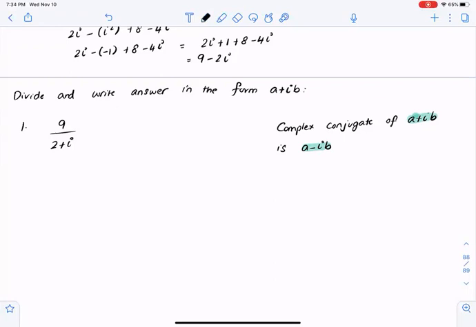So if I want to divide 9 by 2 plus i and write it in the form a plus ib, I simply have to multiply and divide by the conjugate of the term that's in the denominator. So I multiply and divide by 2 minus i over 2 minus i.